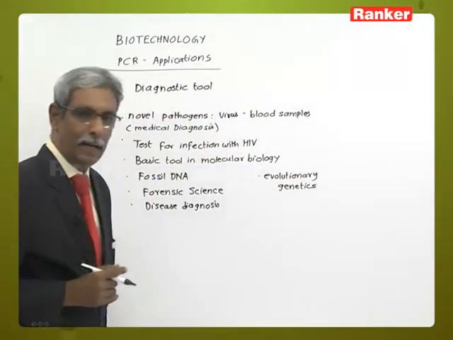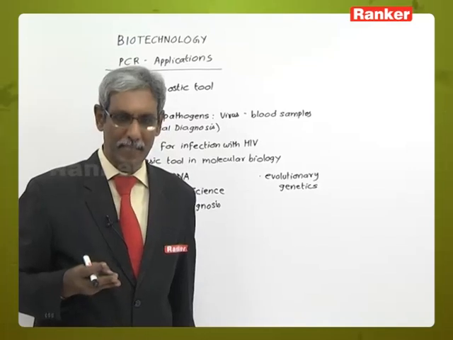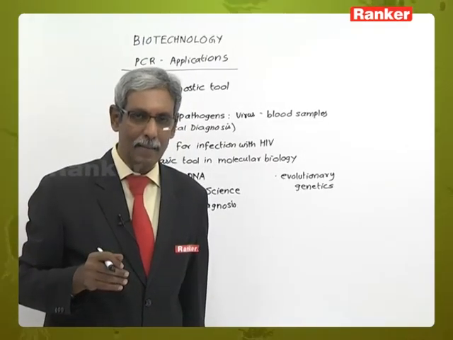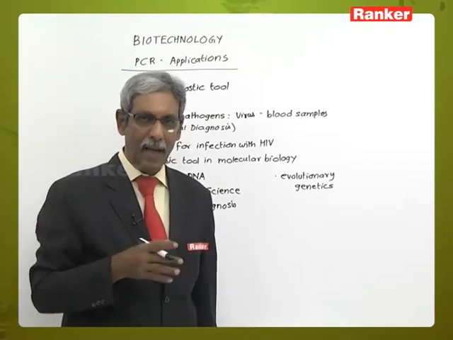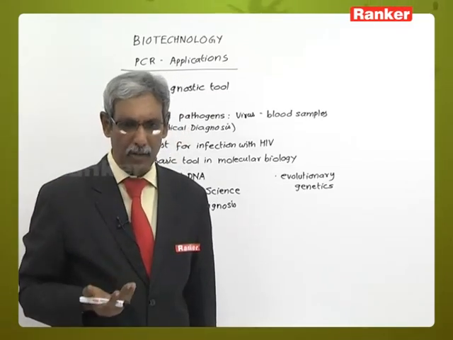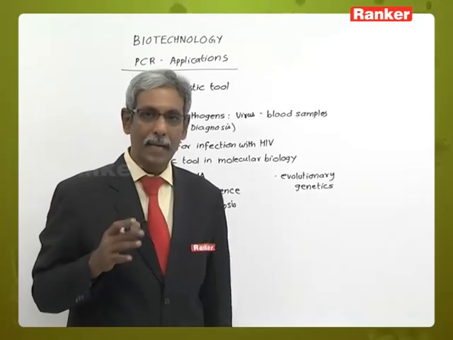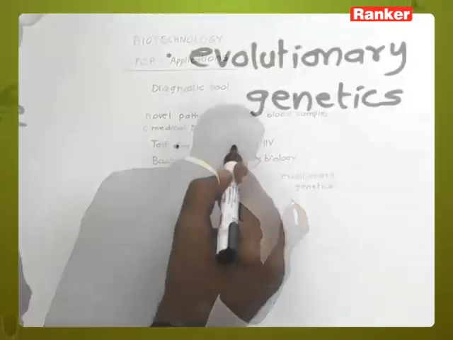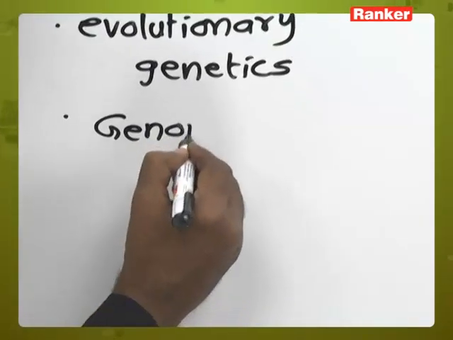You can exactly trace the evolution of apes, human beings, chimpanzees, plants from water to land, and you can trace the evolution of any particular plant. And when you use PCR, you can exactly even know about new genome sequences.